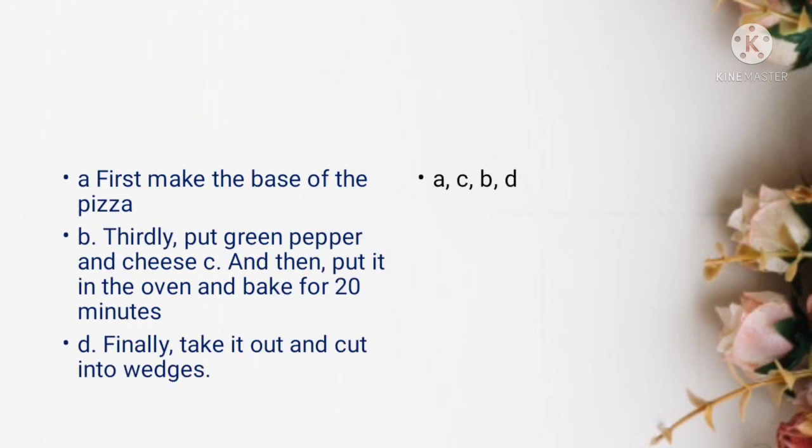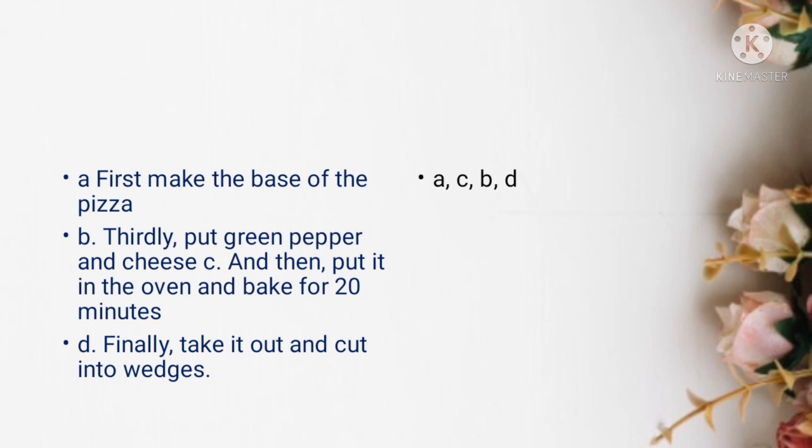Let's see the next one. So here also you have first, thirdly, and then, finally. So here first will come always first only. Some sentences give the correct order in the first sentence, so you have to be careful about it. First, make the base of the pizza. Okay, so that is the first sentence. Next, and then put it in the oven and bake for 20 minutes.